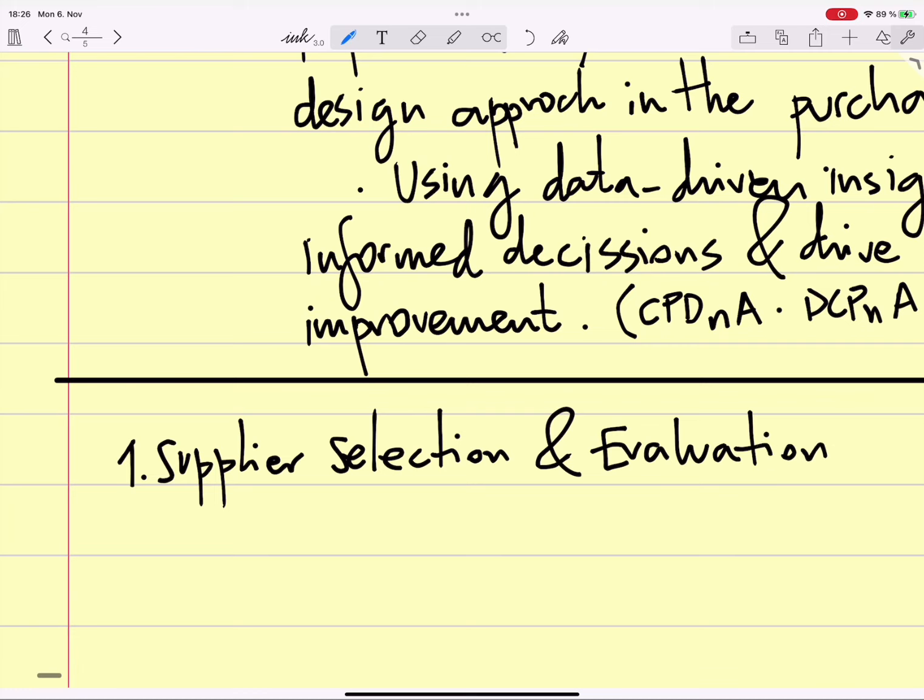I say 1.1 would be to go and look at the supplier identification.